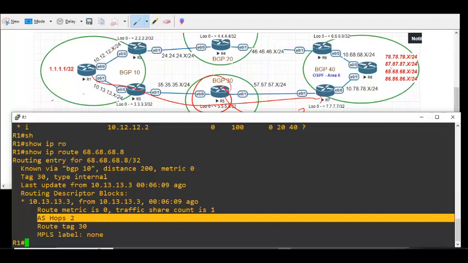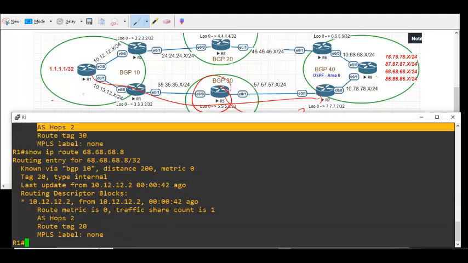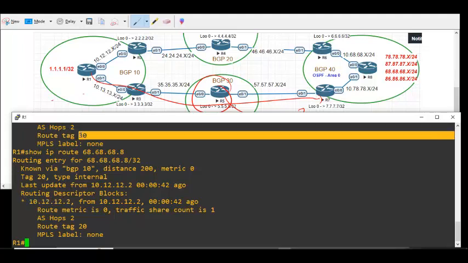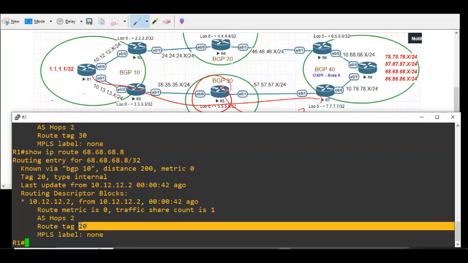Now, if I check the same command, it is going via 2. Here the route tag is via autonomous system 30. Here the route tag is via autonomous system 20. You see, failover has happened automatically, which means BGP finds this also as a best path.